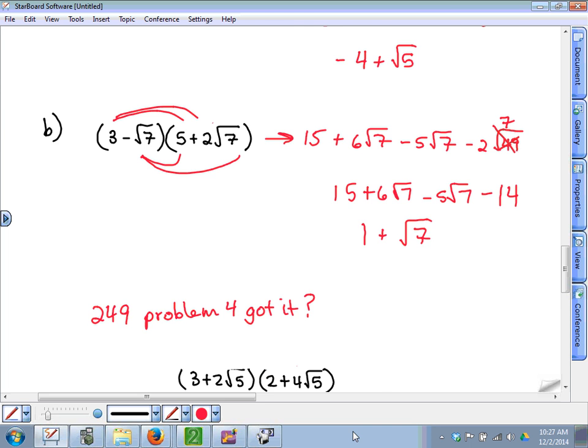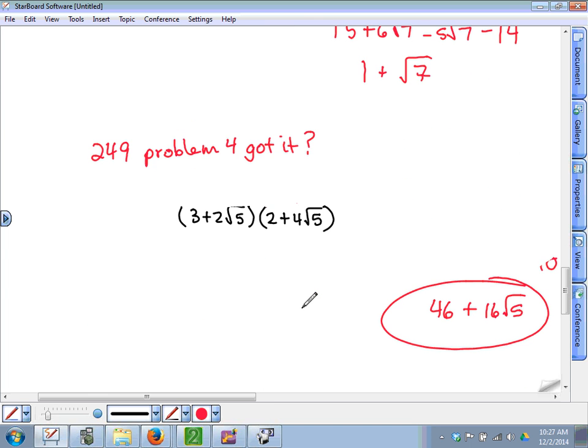All right, take it out. 46. Adding those two numbers up from the last one, it's adding like 46 plus 16 root 5.